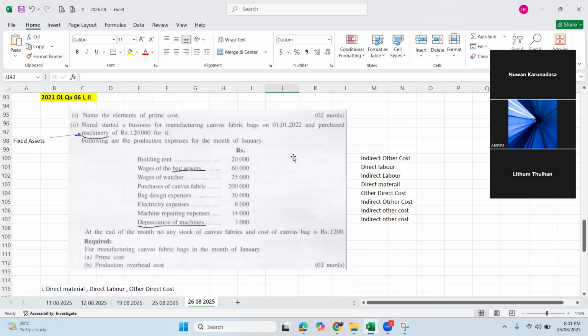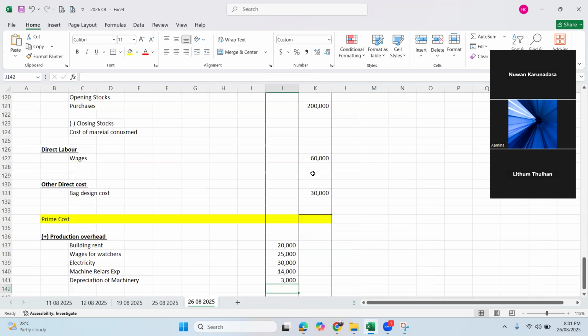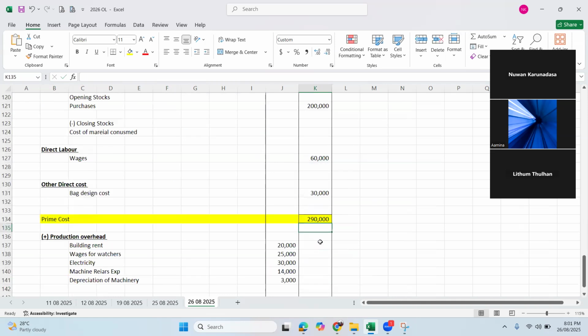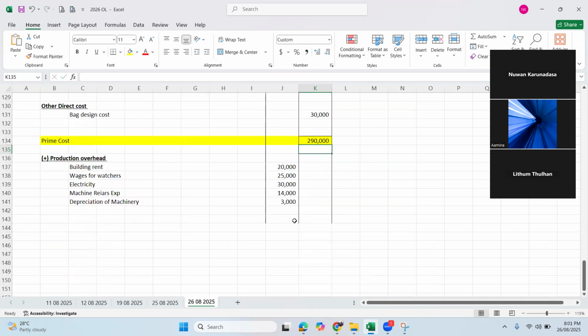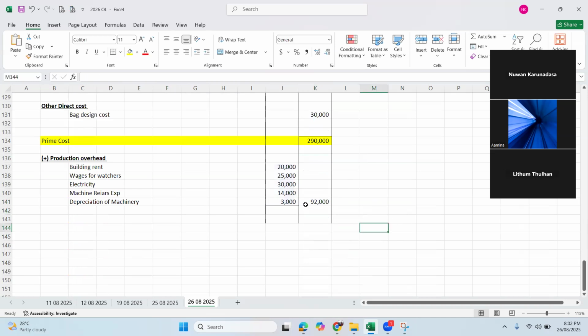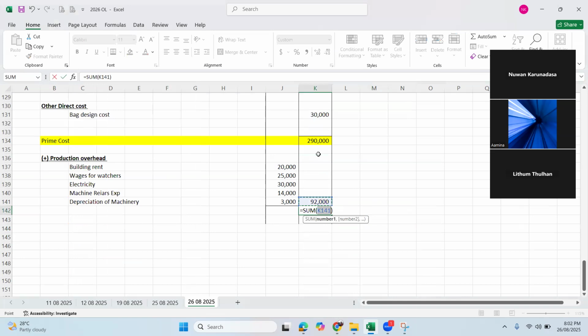We have taken all the information. Then we can take the total here. 290,000 is the prime cost. Once you add the production overhead here, 92,000, to the prime cost, you get the total production cost.